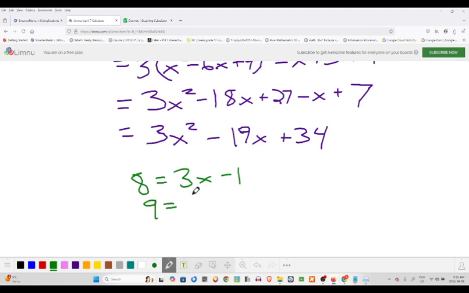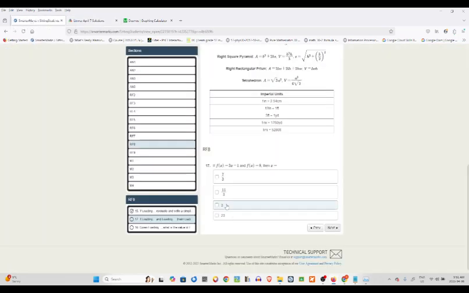We add 1 to both sides, and then divide both sides by 3. Either approach gives us x equals 3. Because it's multiple choice, you could also take the approach of substitution. 3 times 7/3 is 7, minus 1 is 6. Eliminate A. 11 minus 1, eliminate B, and so forth.